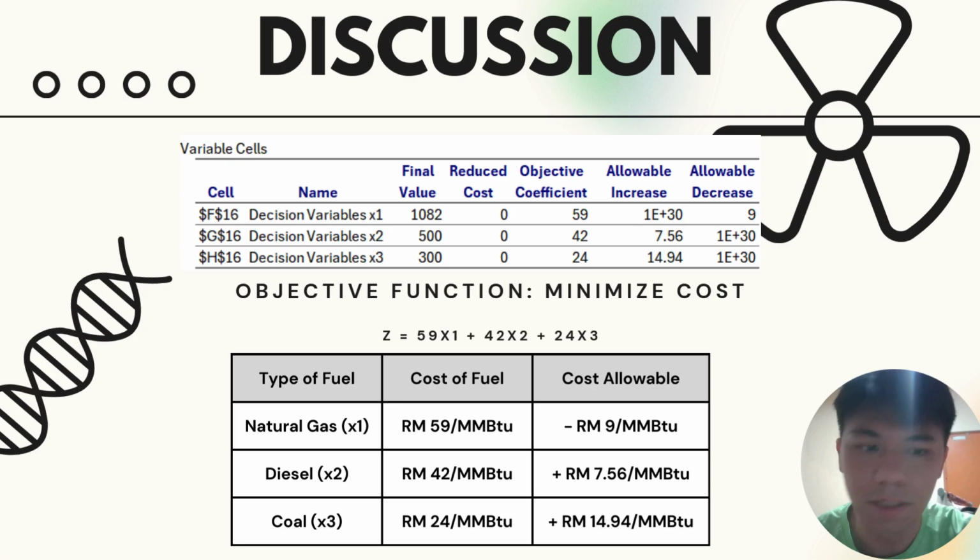Beyond this range, the optimal fuel combination may change. Hence, this sensitivity analysis helps us to understand the cost stability and plan for possible fuel price fluctuations while maintaining an optimized solution.